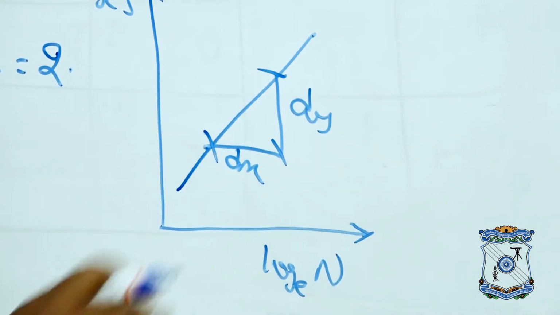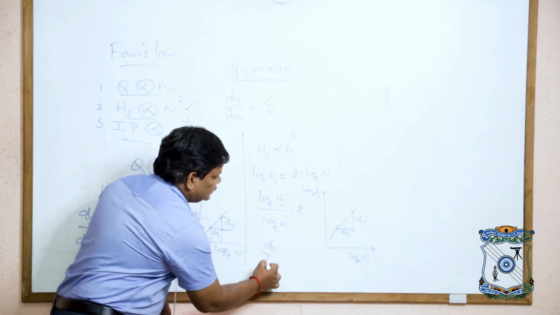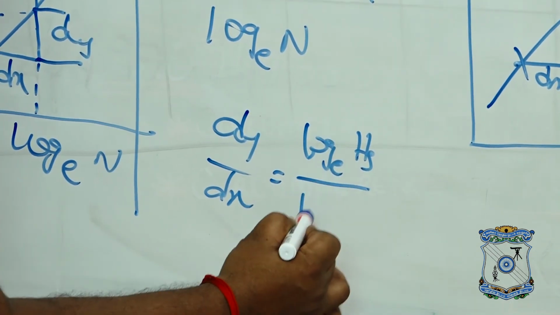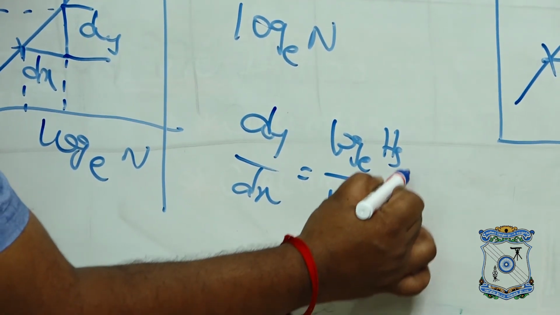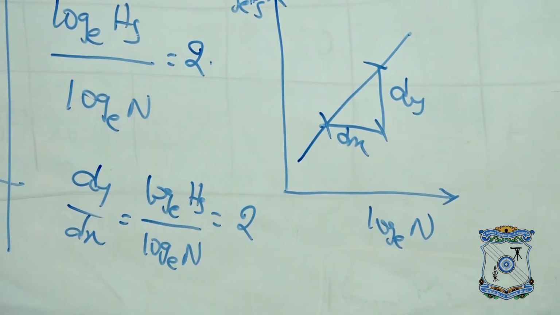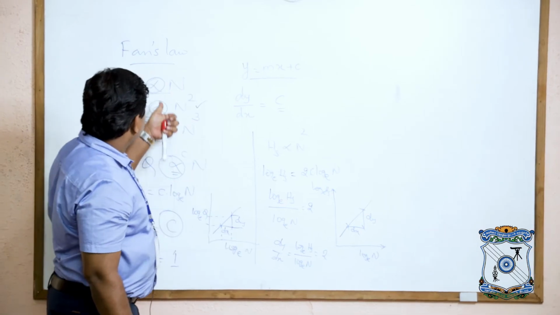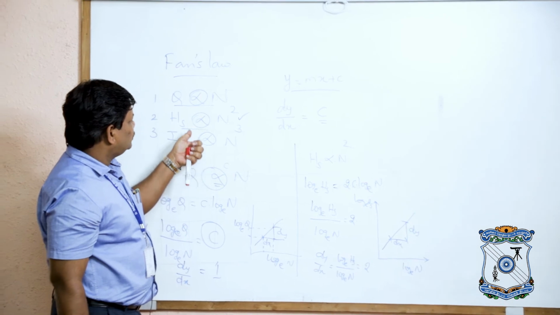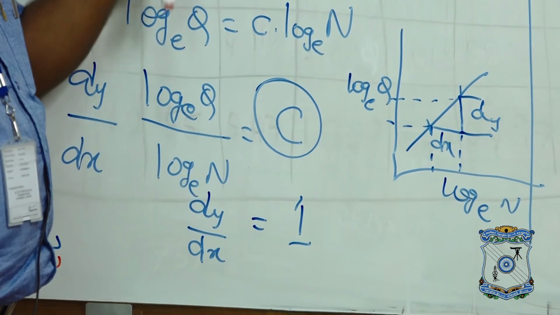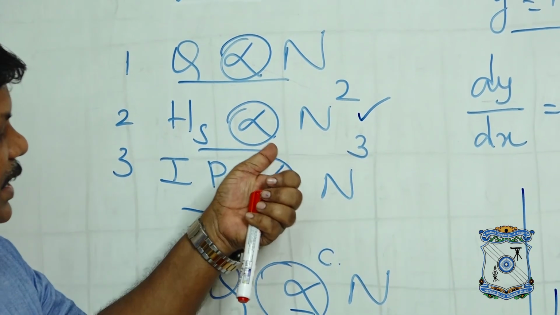You have to adjust it in such a way that this dy by dx, nothing but log base e HS divided by log base e N, should be equal to 2. Then that means you have proved the Fan's law for the first and second. For the first, log base e Q by log base e N is equal to 1, and for the second, log base e HS divided by log base e N is equal to 2.